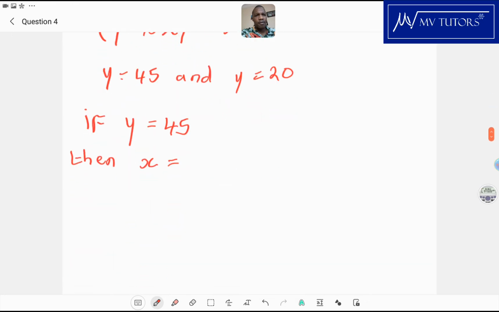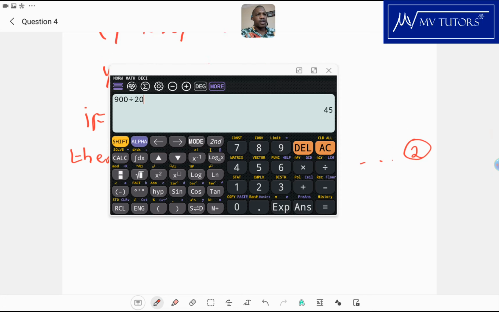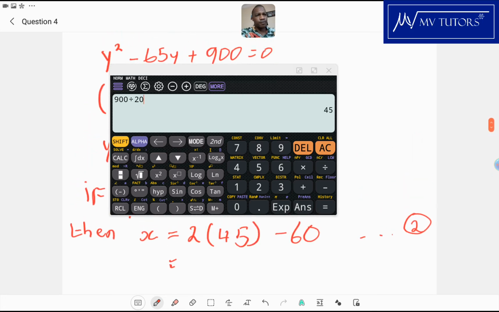Remember that. So 2y, where there's a y, we'll substitute 45 minus 60. This is actually from equation number 2, just to let you know. And then let's quickly put this in a calculator, shall we? We have 2 times 45 minus 60, and we got 30.